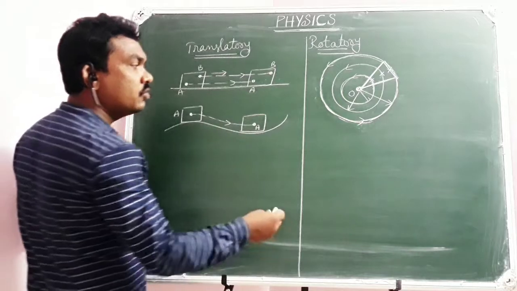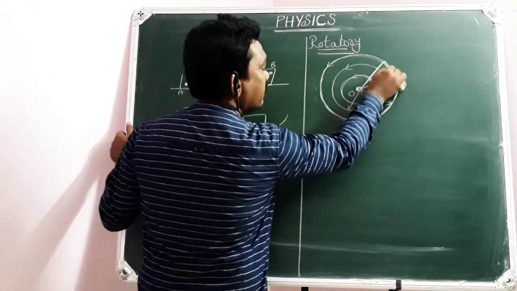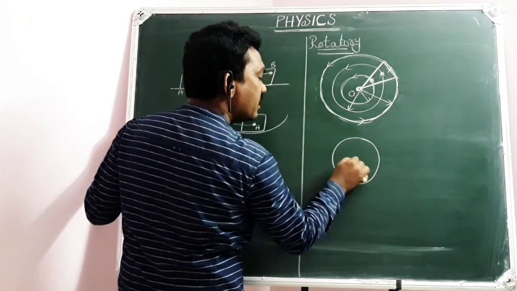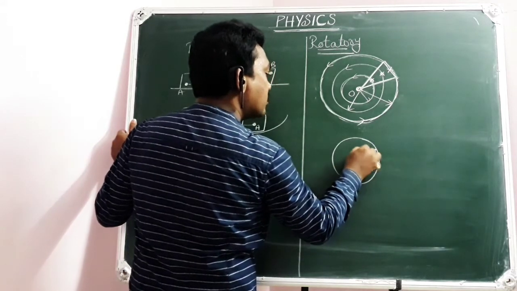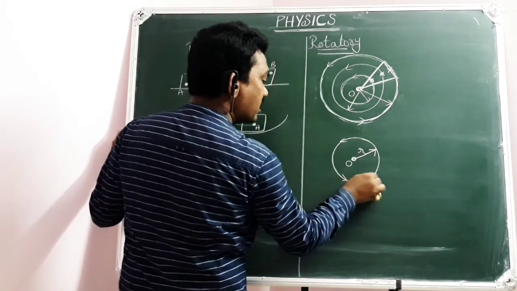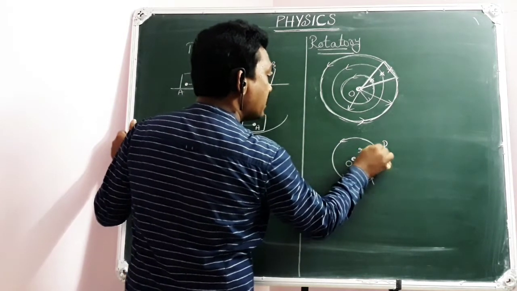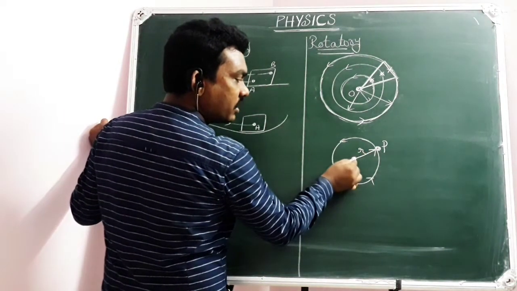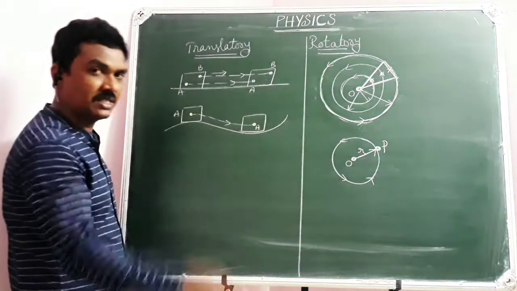But if you concentrate only on the motion of a particular particle, any one of them, then it moves along a curved track around a fixed point whose radius is constant. When you are talking about a particular particle, not about a body, it moves along a curved track around a fixed point whose radius is fixed.